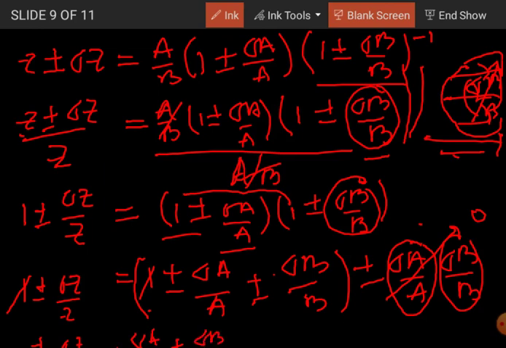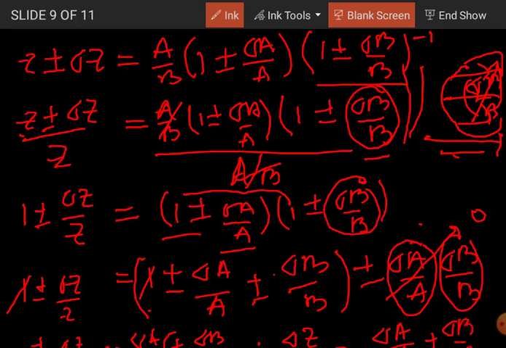I missed one plus minus here. So you can write ultimately delta z by z as, if you take plus minus common, delta a by a plus delta b by b, right?